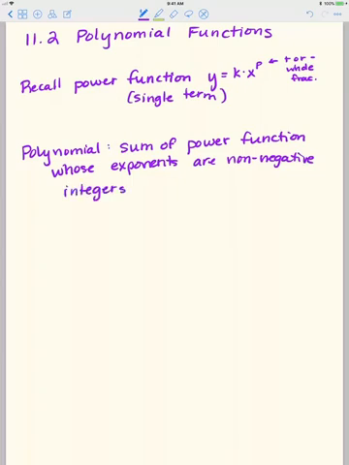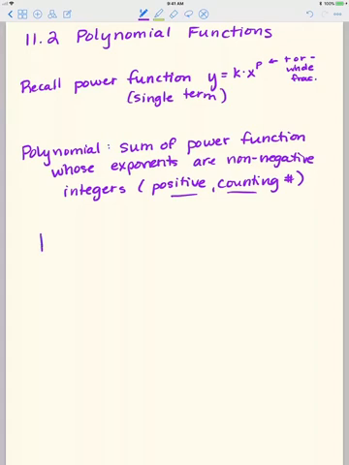So in other words, those are going to be your positive counting numbers. Okay? So while power functions can have other powers, when they get put in a polynomial added with positive or negative coefficients, they're only going to be those positive counting numbers as far as for the polynomial.